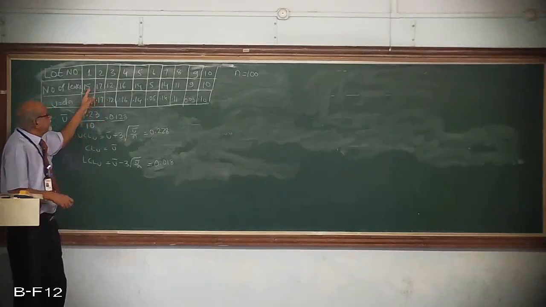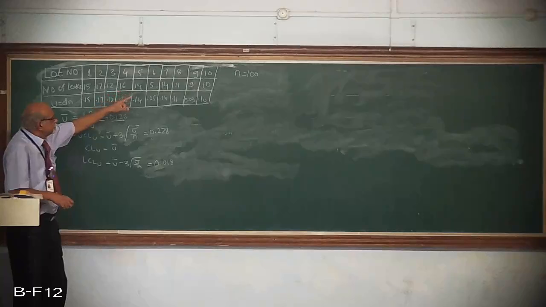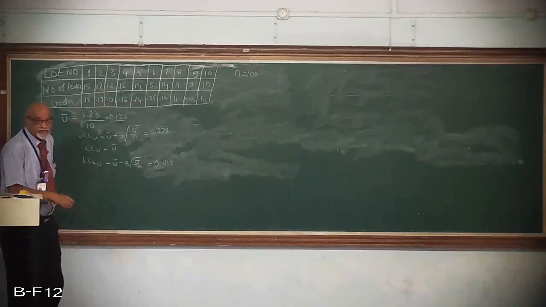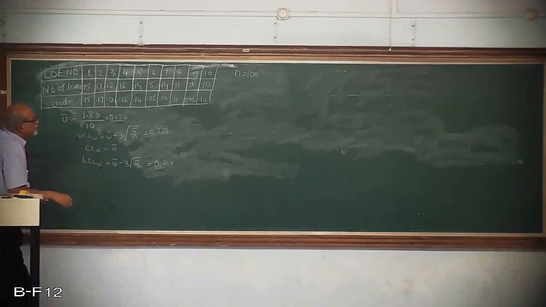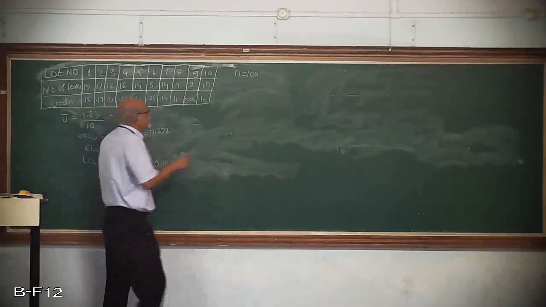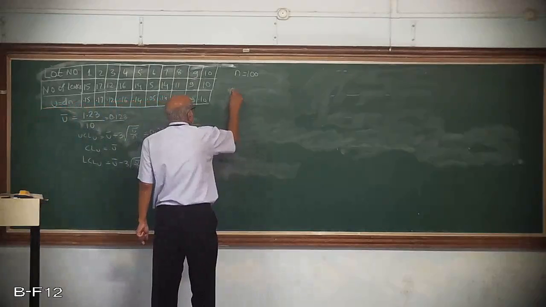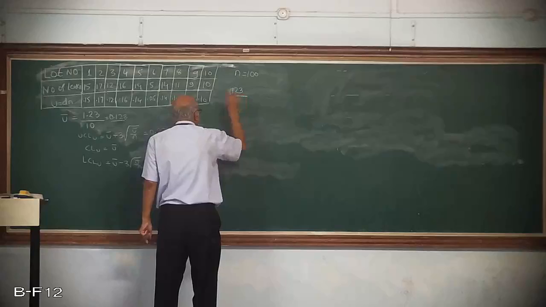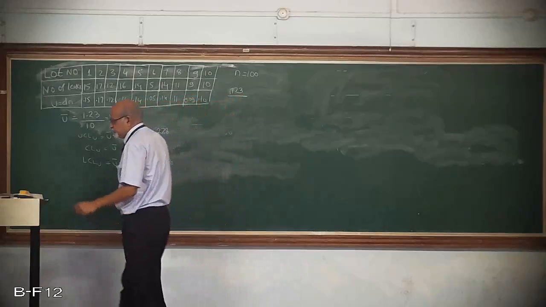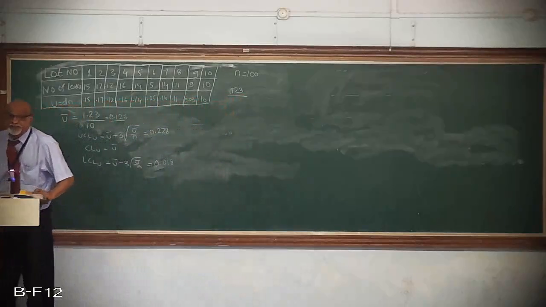That means 15 plus 17 plus 12 plus 16 plus 14 plus 5 plus 14 plus 11 plus 9 plus 10, like that. So how much does it work out to be? 123. Okay. Just see how it gives a realistic picture.